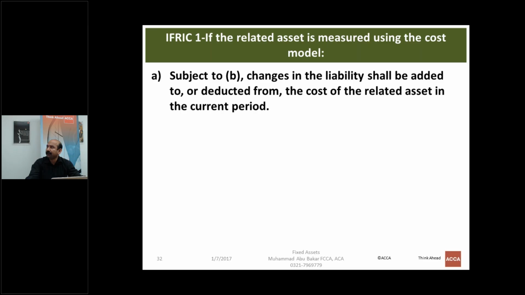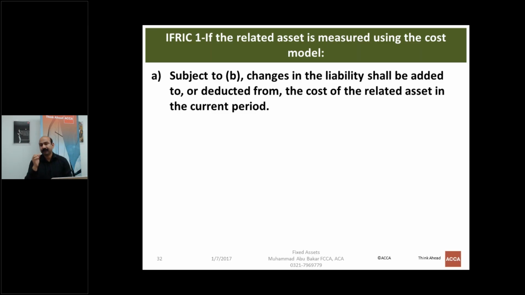So the treatment will be: changes in the liability, meaning decommissioning and restoration liability, shall be added to or deducted from the cost of the related asset in the current period. This means if your decommissioning and restoration liability is increasing, you will increase that, but the second effect will go to the asset.